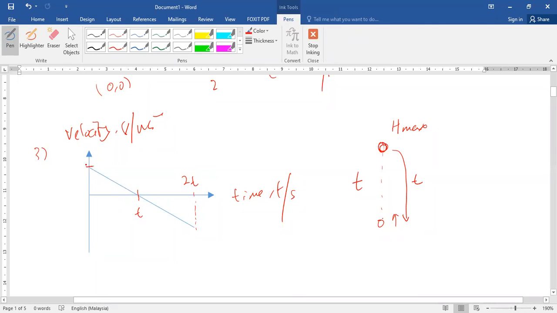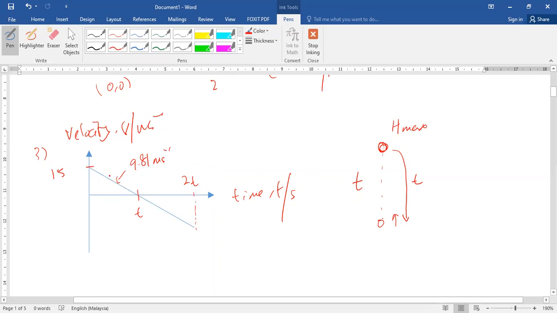So initially it is 15 m/s. So what is the time taken? Once we want to find the time taken, as we know, what is the acceleration? Acceleration due to gravity is 9.81 m/s², right? That will be the gradient.